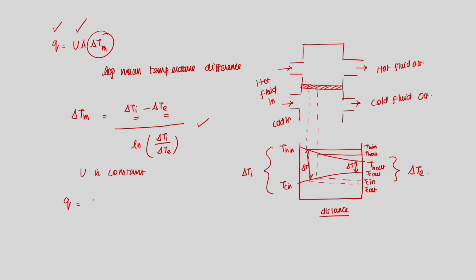Q is nothing but for hot fluid, mass flow rate of hot fluid, Cp of hot fluid, and del T, in the sense T h in minus T h out. Okay. So, if you write for cold fluid, it is mass flow rate of cold fluid, Cp of cold fluid, this is T c in minus T c out.